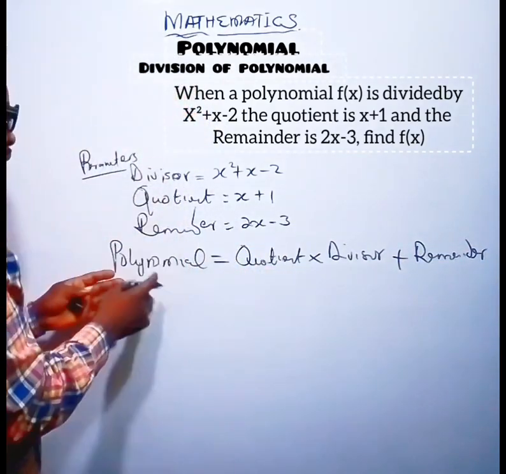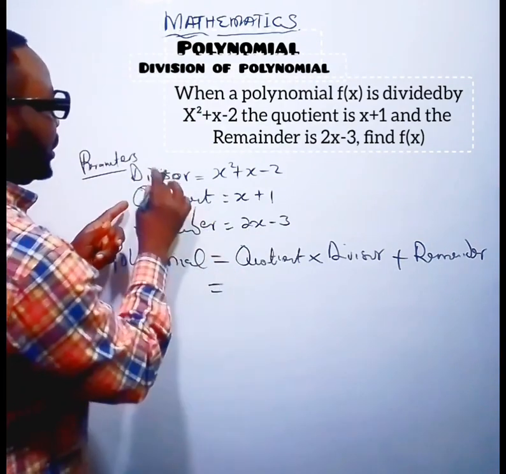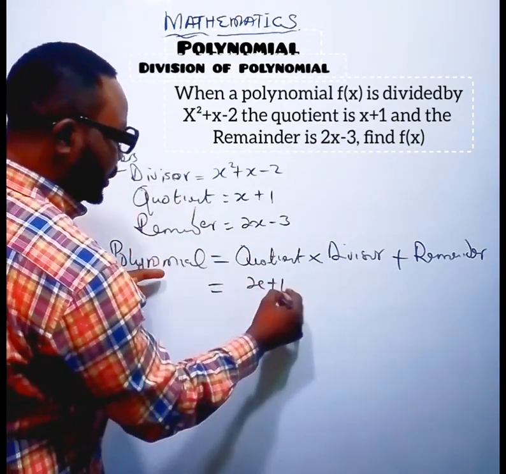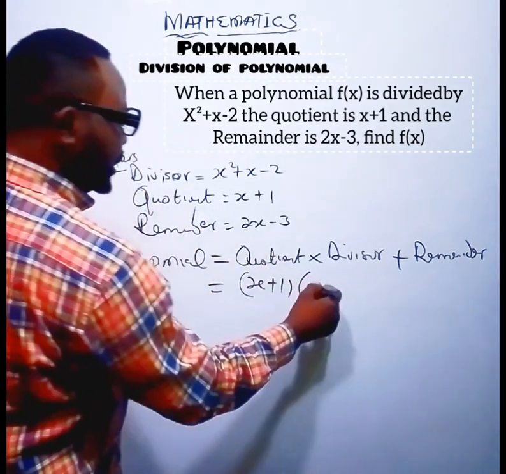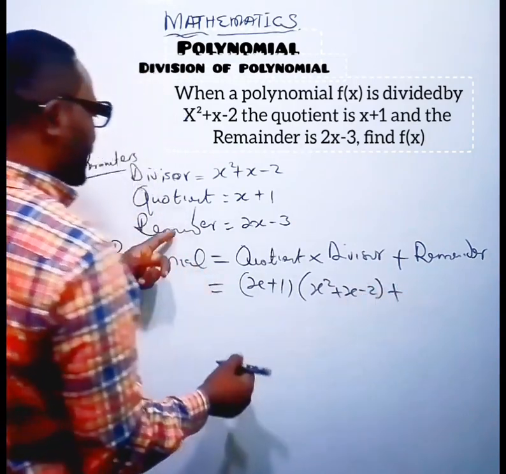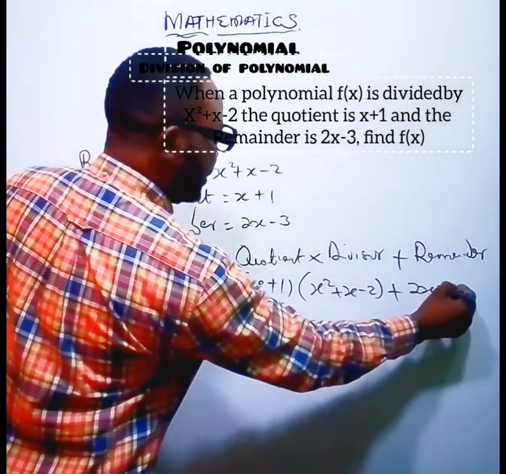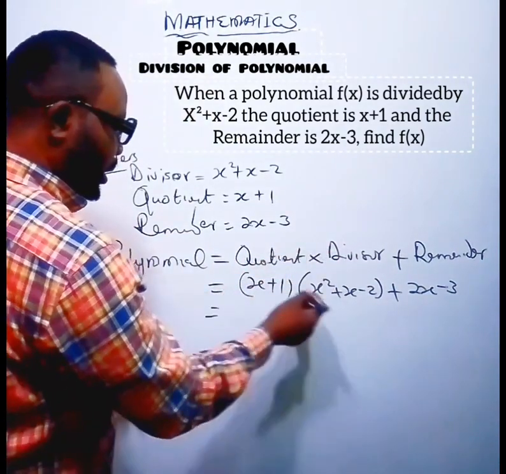So in this case, I'm going to insert the values accordingly. We're going to have the quotient x plus 1 multiplied by the divisor x squared plus x minus 2, plus the remainder 2x minus 3. So let's do the multiplication and addition accordingly.